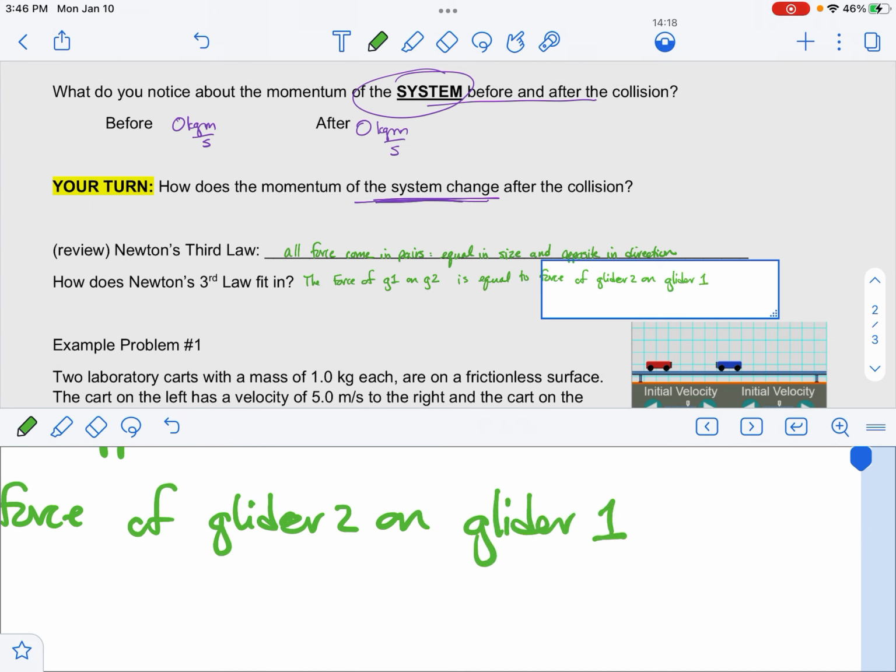In other words, however hard they hit each other, if you're going one direction, it's the same hardness they hit each other going the other direction. And the car crash video that we watched the other day talked about that too, right? That the forces are equal and opposite. The size makes a difference, but the forces are equal and opposite.